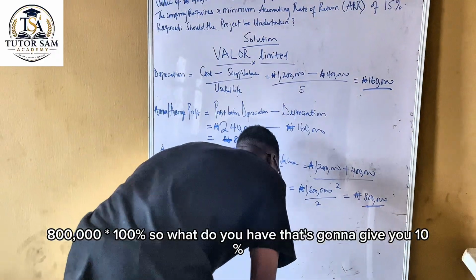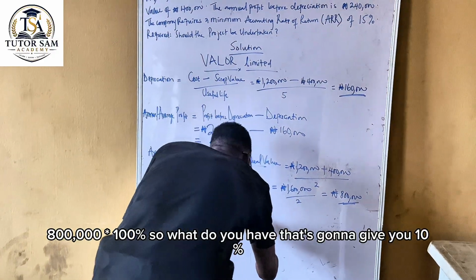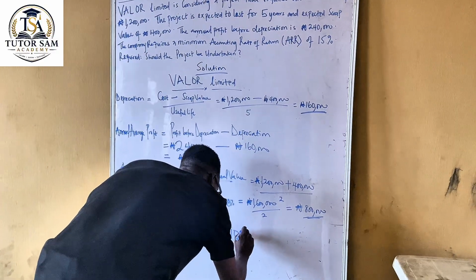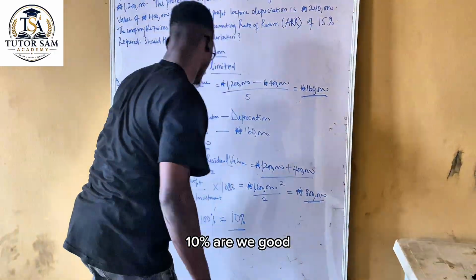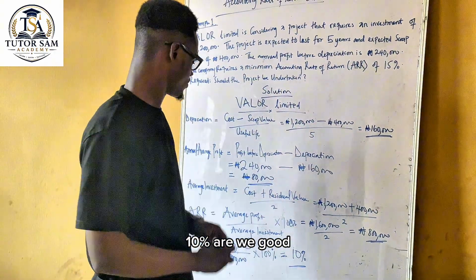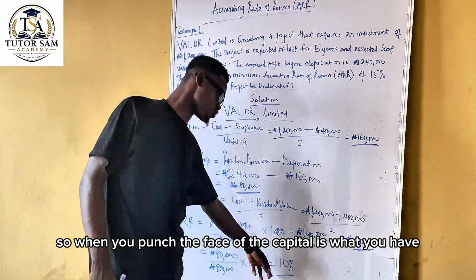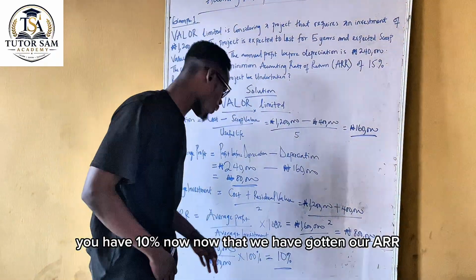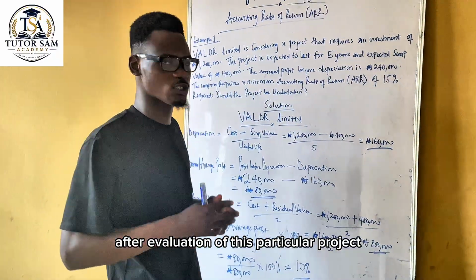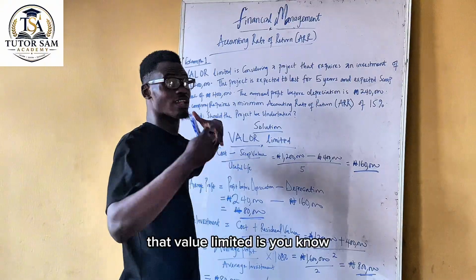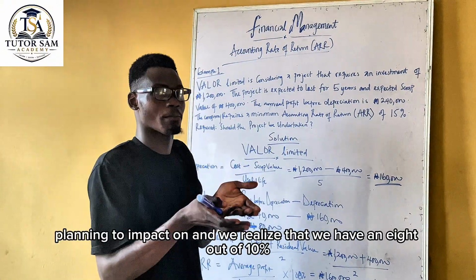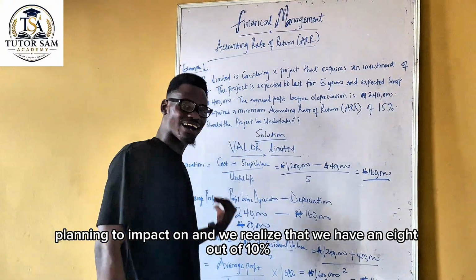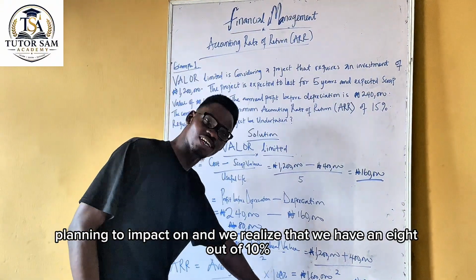So what do you have? That's going to give you 10%. Are we good? When you punch the calculator this way, you have 10%. Now that we have our ARR after evaluation of this project that Valor Limited is planning to embark on, we realize that we have an ARR of 10%.